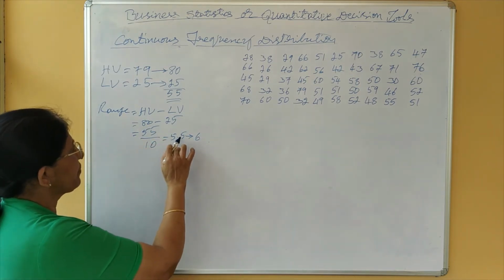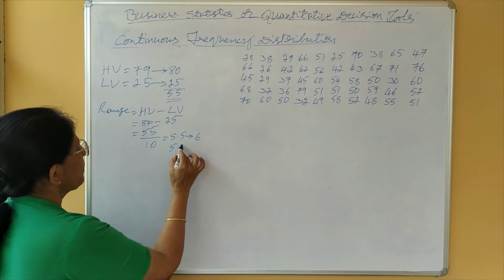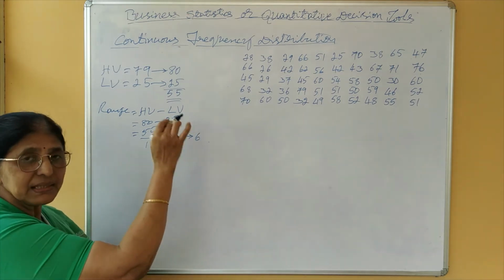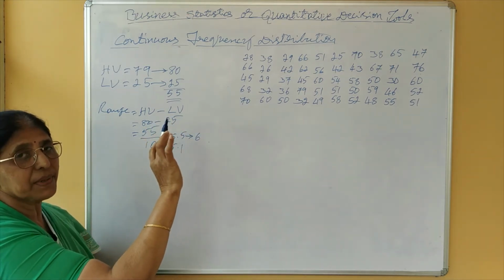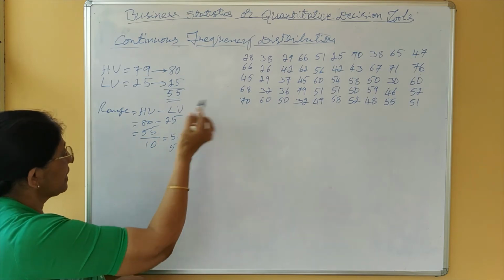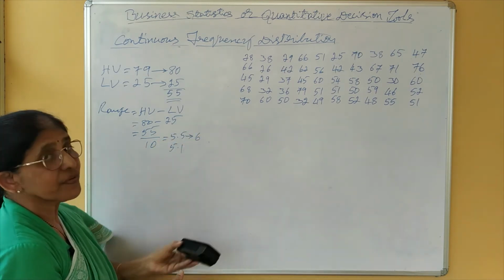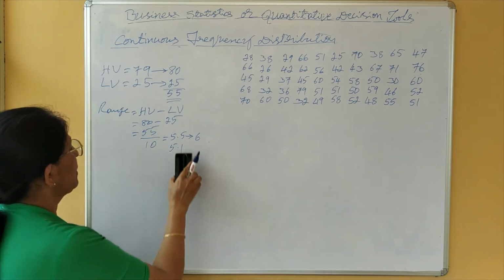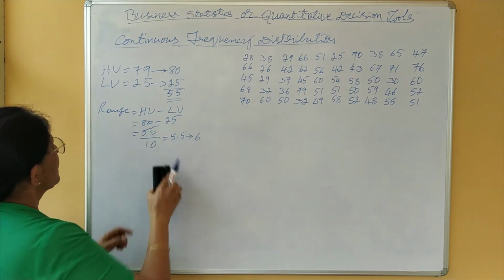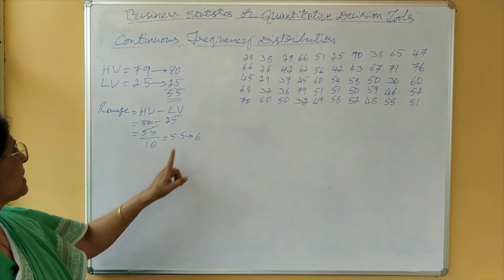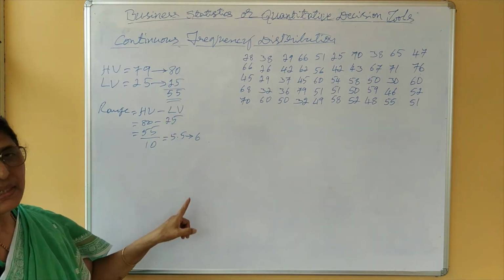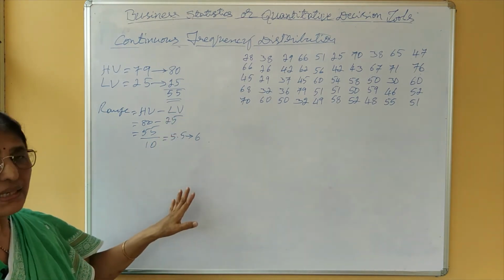Even if it was 5.1, that is to be taken as 6. Here the mathematical rule is not applied, because the value which is above that has to be covered in the next class itself. You will come to know that when you work out the problem. Okay, now here if you take 10 as class interval, then you will get 6 classes. I think that is the ideal one.